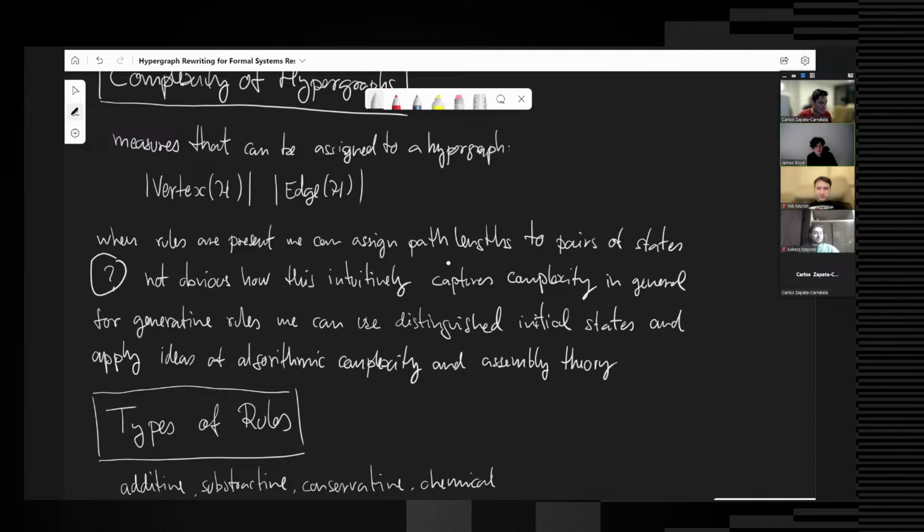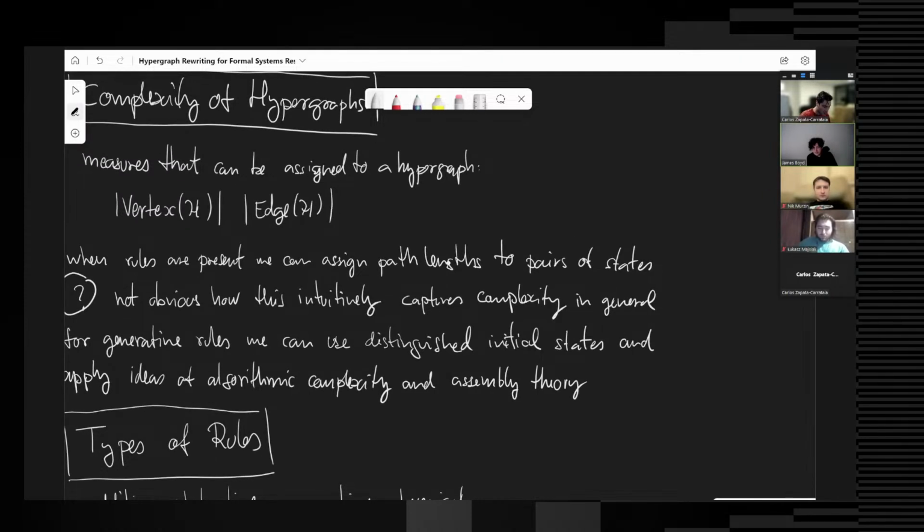So when I say generative rules, we can always take some distinguished initial states and apply ideas of algorithmic complexity and assembly theory to give something like the construction of a hypergraph, right? You want to think of a hypergraph as being built from something smaller, in some sense. This is intuitively what I got from what you were saying, James, and what this general idea is, in other contexts like SK combinators or other formal systems, of what a complex program is, and Kolmogorov complexity and so on.